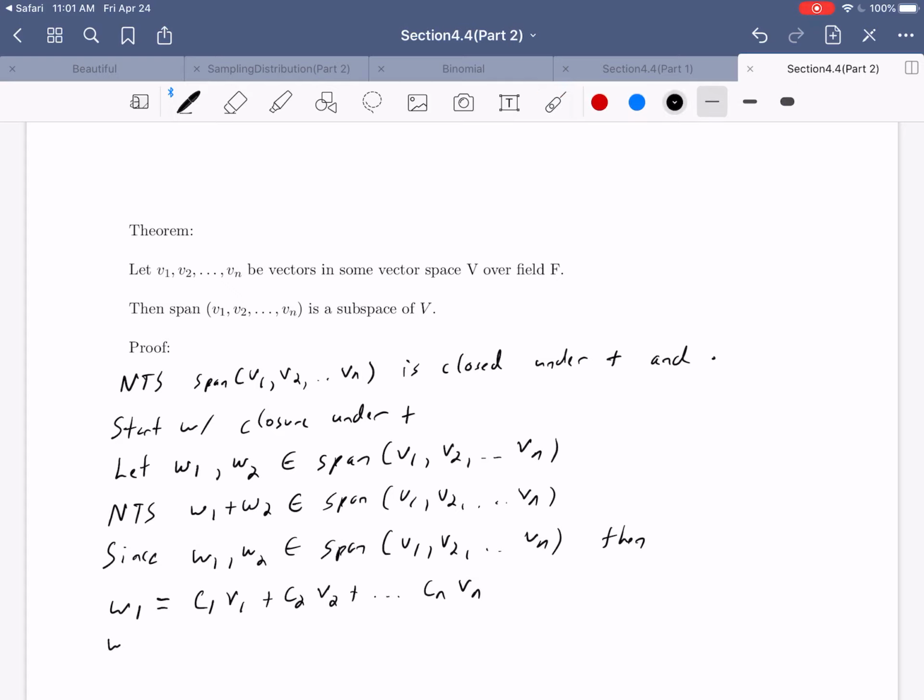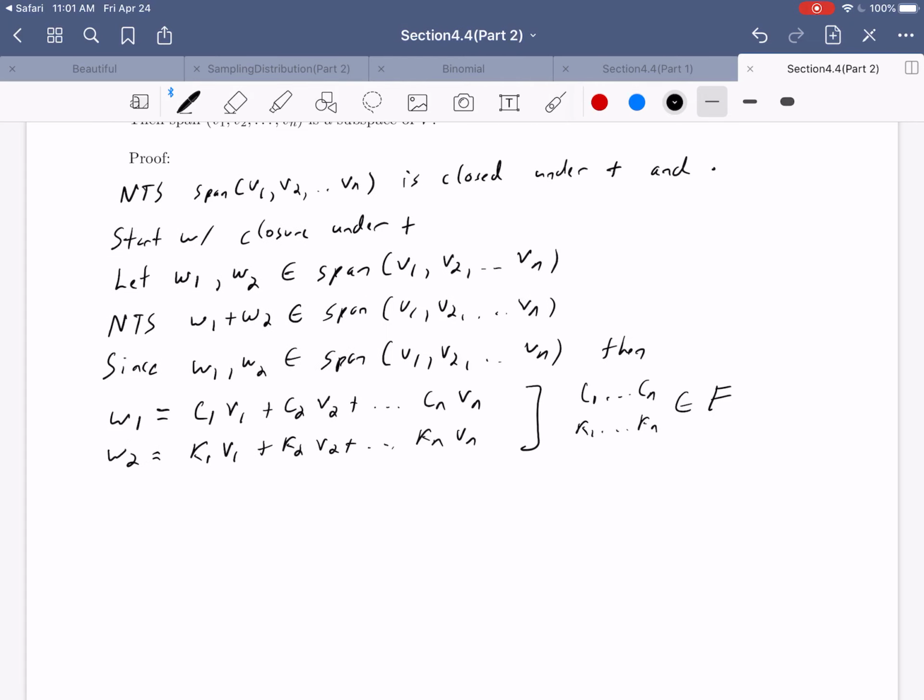And of course, w2 must be very similar, like k1 v1 plus k2 v2 plus kn vn, with c1 through cn, k1 through kn, all elements of your field. So that's what it means for these guys to be in the span: they are linear combinations of these n vectors.